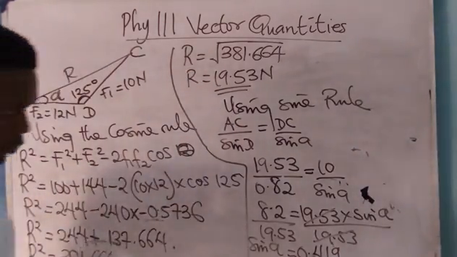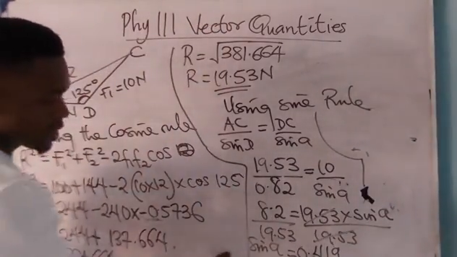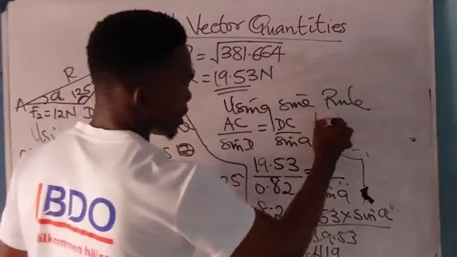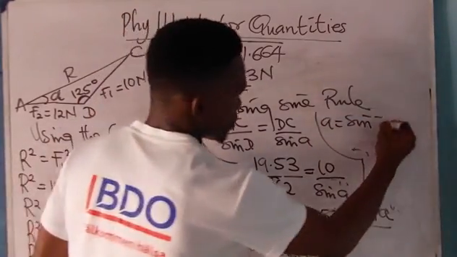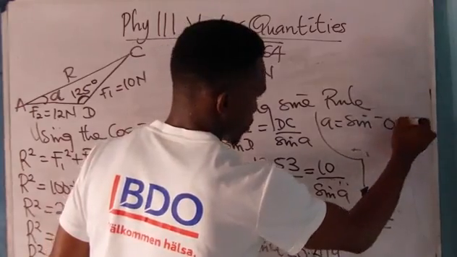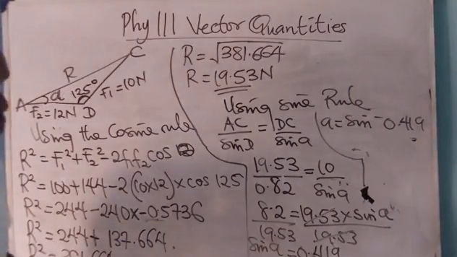To now look for the angle finally, you look for the sine inverse of A. So A equals what? Sine inverse of 0.419. The sine inverse of 0.419 is what?